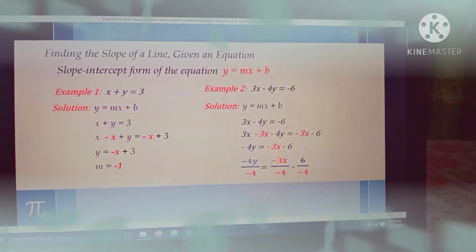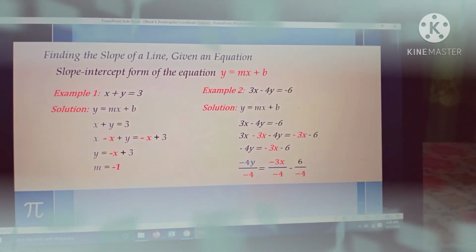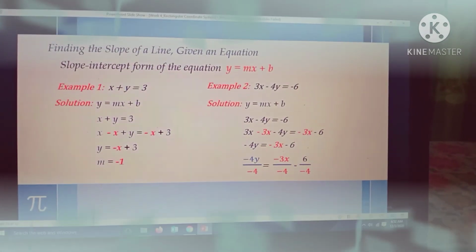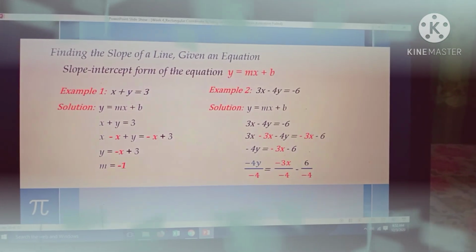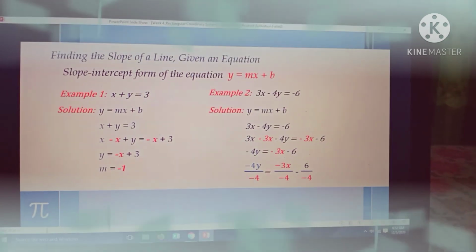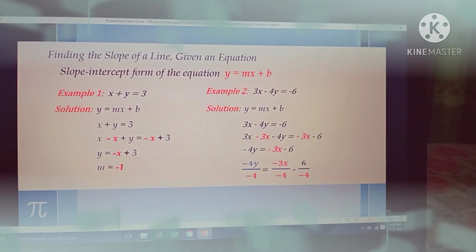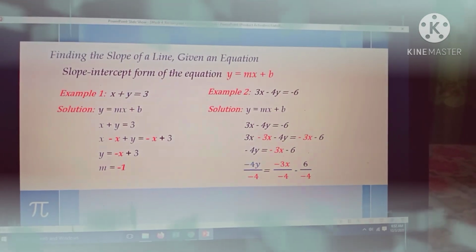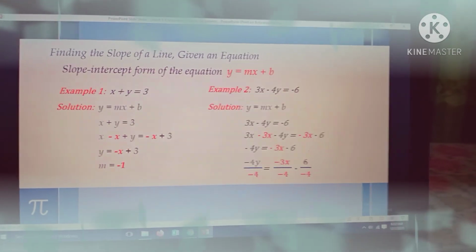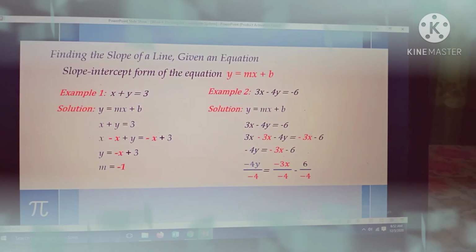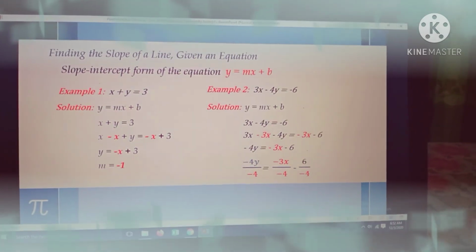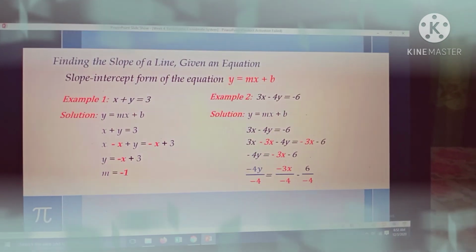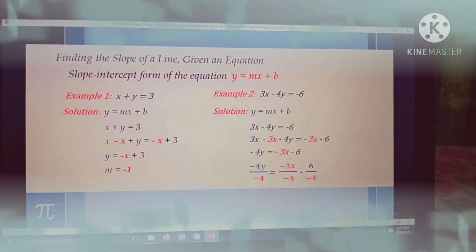This time we have the coefficient negative 4 on the y, and we have to make it y alone, the y variable alone. So we divide by negative 4, so we eliminate it, and that will become only y, because negative 4 over negative 4 is equal to 1. And we have to divide also the right side of the equation to make it equal.